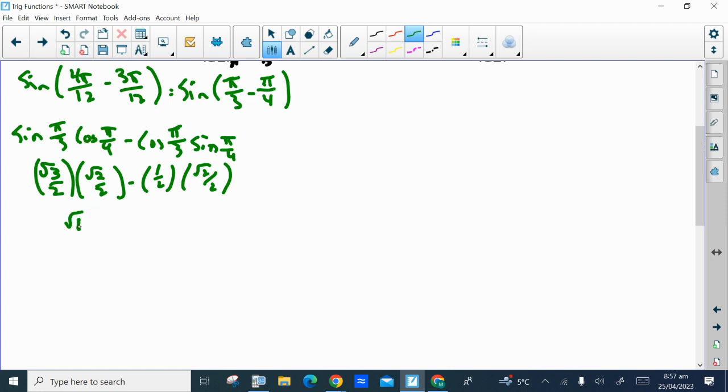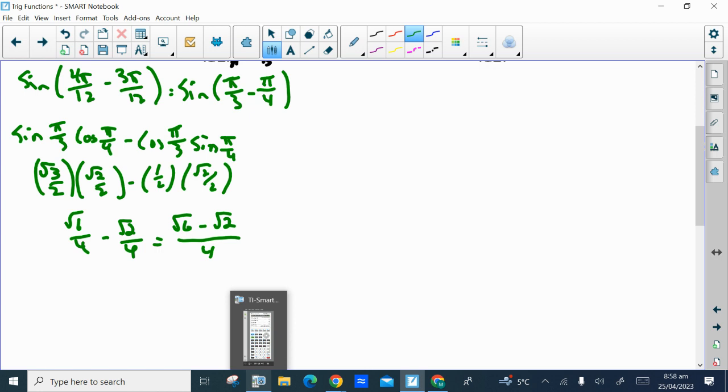So you're going to get root 6 over 4 minus root 2 over 4. And because those have a common denominator, you can combine them. Root 6 minus root 2 all over 4. That should be the exact value of the sine of pi on 12.